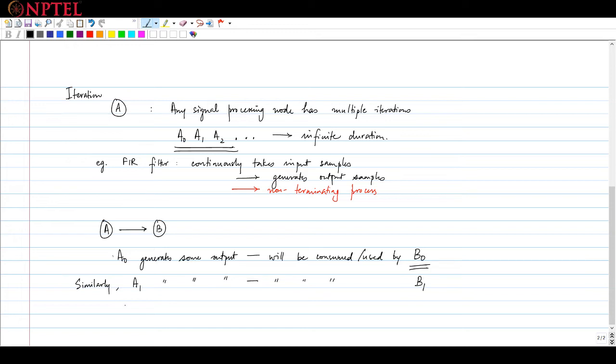In terms of these A0, A1, etc., there is a sequence of steps happening. A0 happens first, then A1, then A2, then A3 and so on. The question is, when do B0, B1, B2, etc. happen? Now let's say I have only a single processing element on which function A and function B have to be executed.